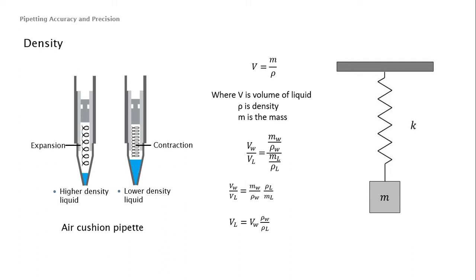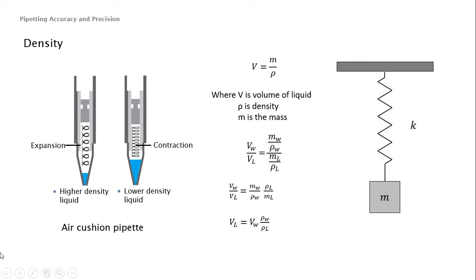Since we are using water as our reference liquid during the setting up or calibration of the pipette, we assume that the density is constant, because it always refers to the density of water. So the variables here are the volume and the mass.